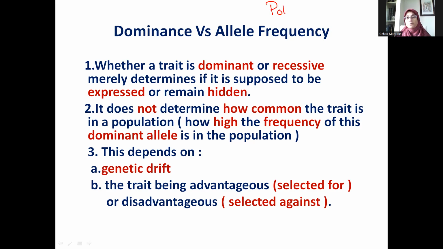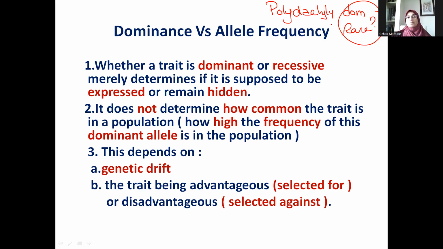You might be asking yourself, in the previous example, how come the allele for polydactyly is dominant and at the same time rare? This seems paradoxical because, as you know, a dominant allele usually silences a recessive allele.